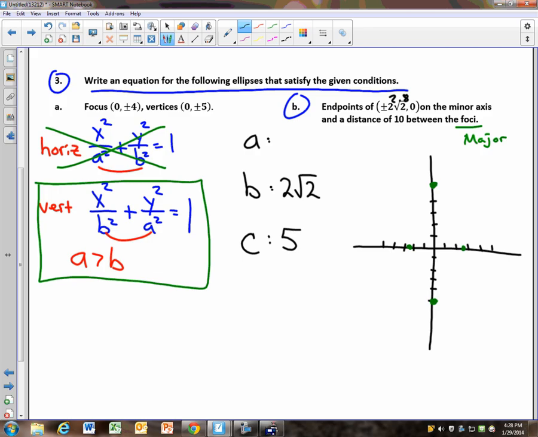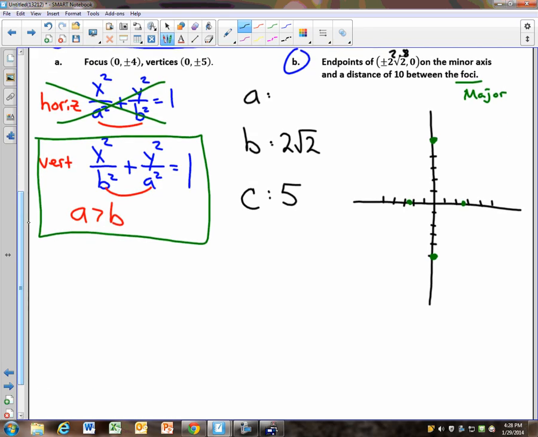Can I now tell from looking at that what the A value is going to be? I sure can, but I have to use my formula, namely C squared is equal to A squared minus B squared.